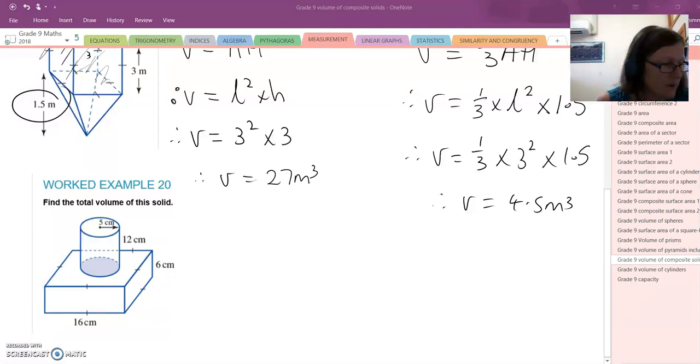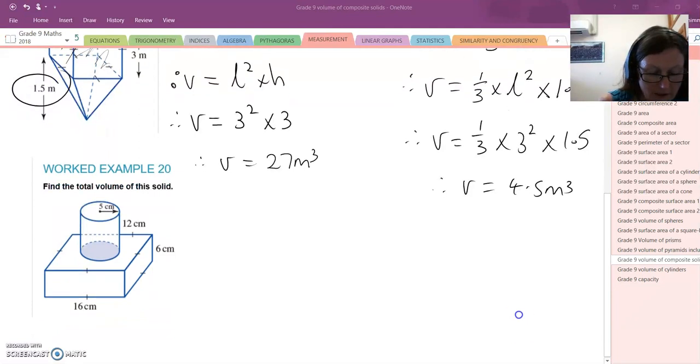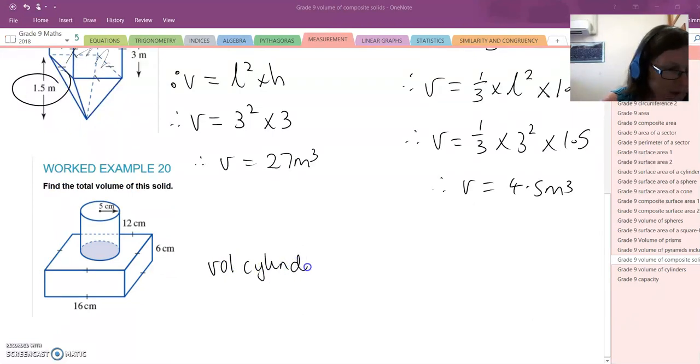So for this composite solid in worked example 20, we need to find the volume of the cylinder, and then we need to add the volume of this square prism.